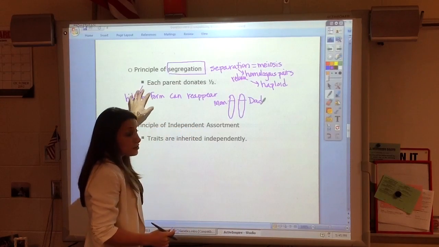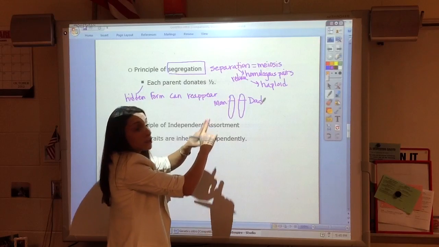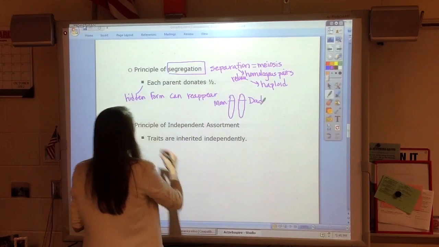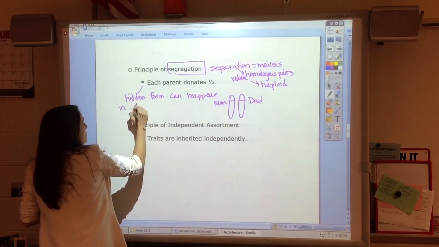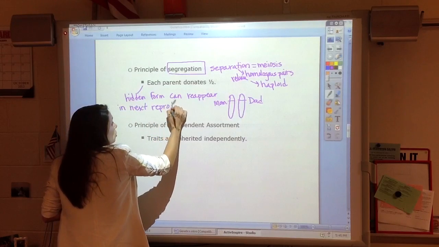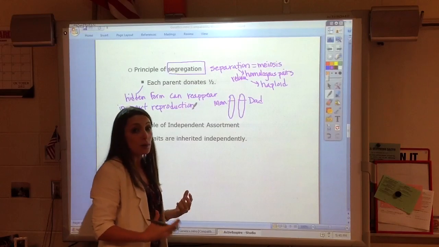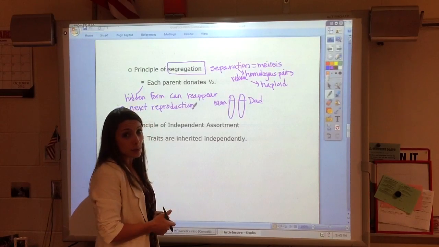But all that Mendel knew is that when you got your chromosomes, you were then able to pass on, so in the next reproduction, you were passing on something that sometimes didn't show up in your own physical appearance.